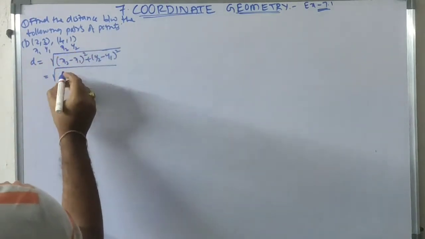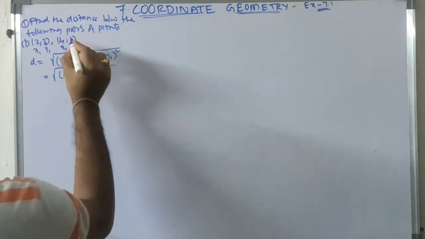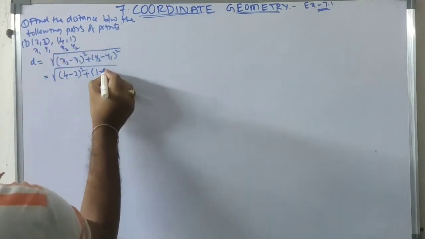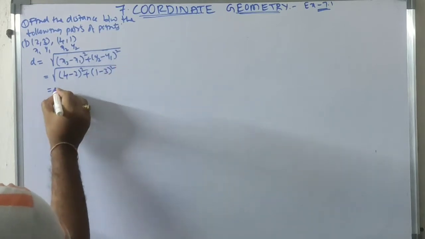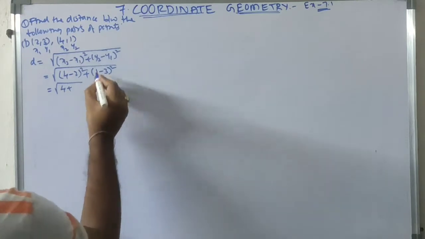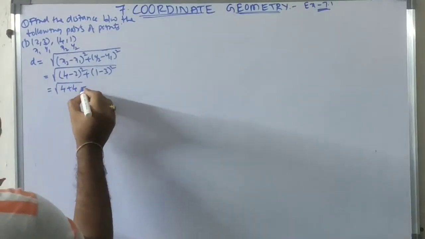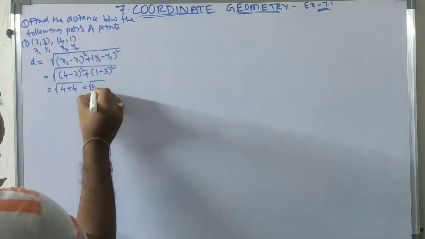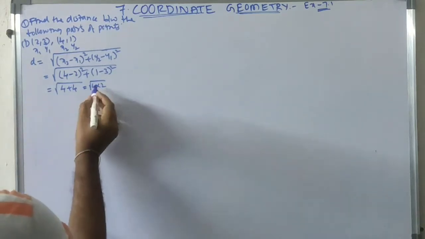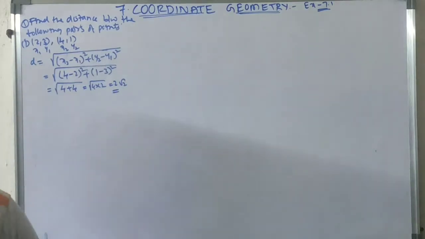Under root of (4 minus 2) whole square plus (1 minus 3) whole square. 4 minus 2 is 2, square is 4, plus 1 minus 3 is minus 2, square is 4. 4 plus 4, 8, which is 4 into 2. Bringing 4 outside of the root, 2 root 2. So this is the required distance, 2 root 2.